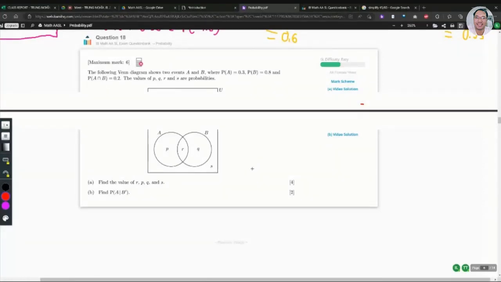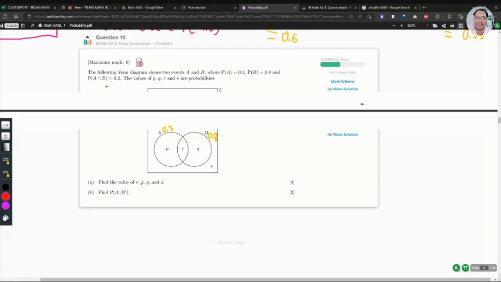So R, the probability of the intersection, the two events happening at the same time, is already given. No, not given. The given thing is the probability of A. The probability of A and B here is R, which is 0.2.